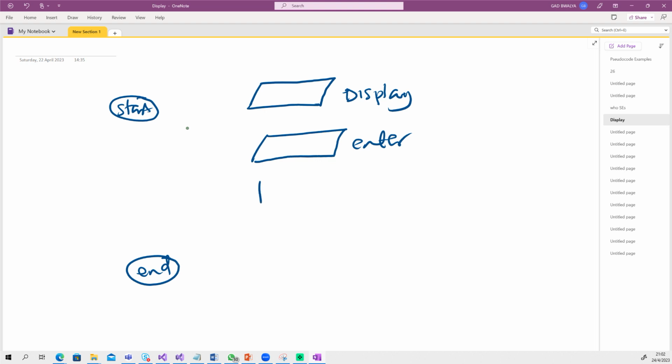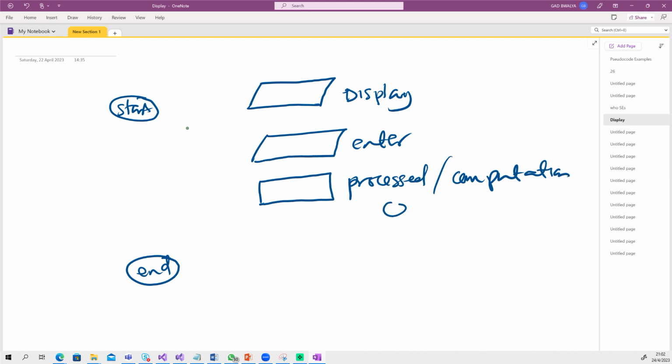Or you may see a shape like this, which has to do with something being processed, or anything to do with computation or calculation. An example of this could be where you say a is equal to l multiplied by b.